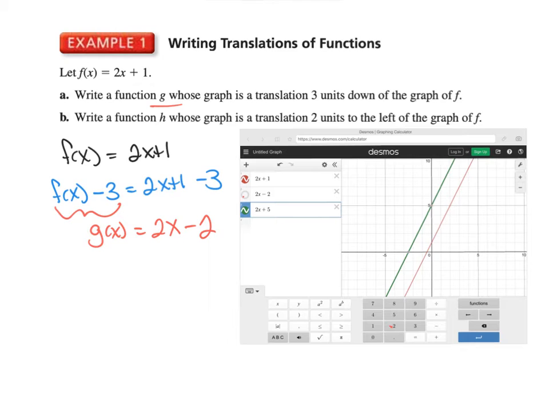And we're looking for a right and left movement of 2 units to the left. So our red one was our original, and the new one is 2 units to the left. And it did move 2 units to the left. You can check it at any 2 points. We moved all the points over 2 units. So that one works.